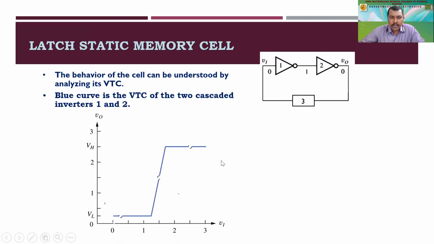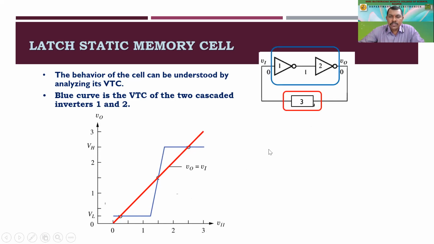So this is that blue line where we have these two inverters, and this is how the switching takes place. So V1 and VO. We have two voltages here, and this blue line shows the switching, and this red line shows how the voltage comes out of it.